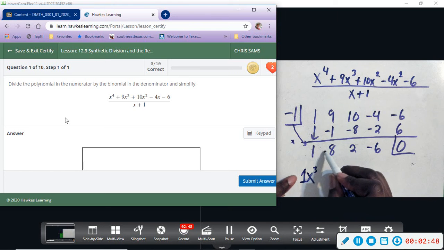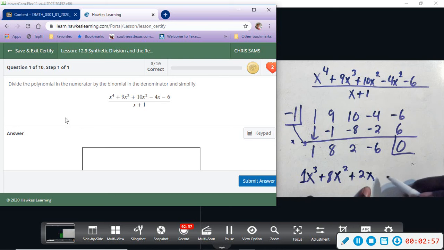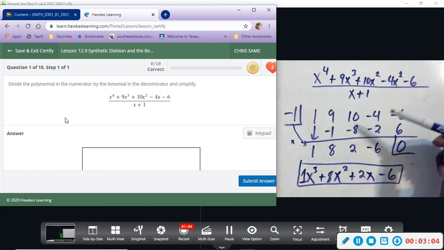Since that has no minus, it's a positive, so plus 8x squared. Positive, so plus 2x, and that's negative, so minus 6. So this is the solution to that problem. You first just do it dealing with the numbers, and then later you add the exponents. So it's always going to reduce by 1, because we're only doing it with 1 at a time.